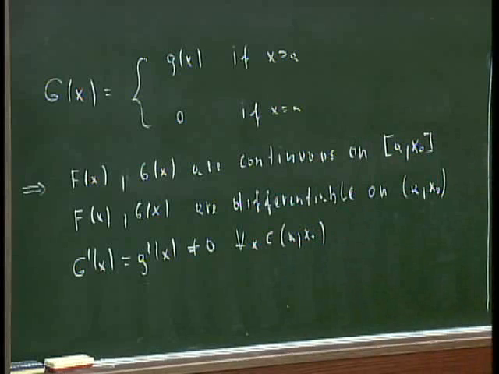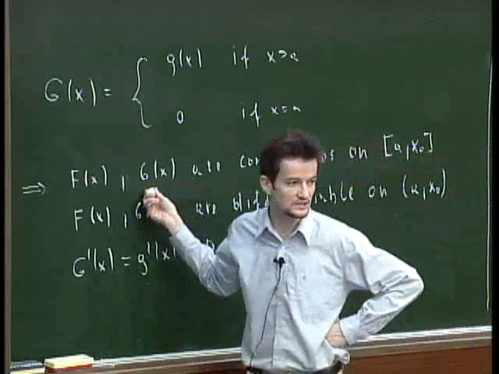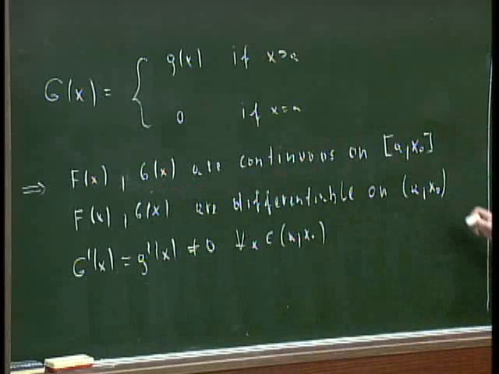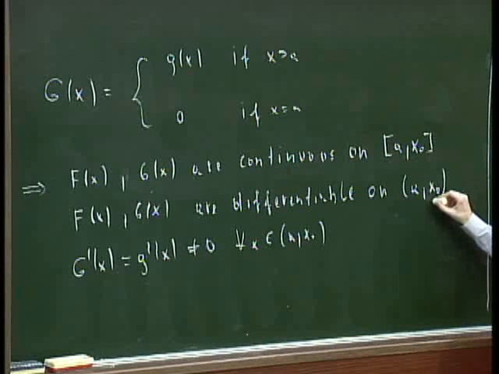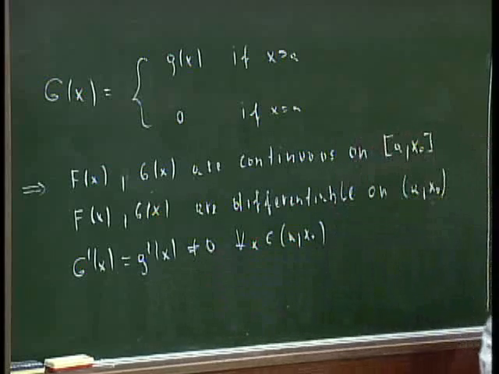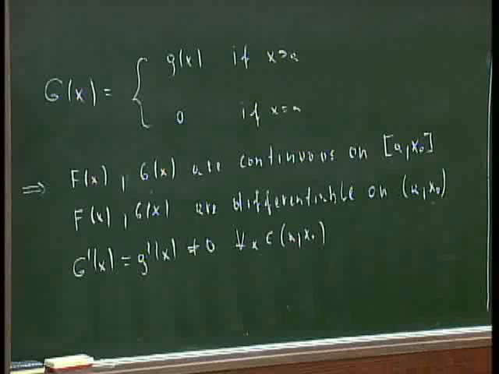And now if you think back, we have learned another version of the mean value theorem, which is due to Cauchy's mean value theorem, which applies under such a situation where you have two functions which are continuous on a closed interval, which are differentiable on the corresponding open interval, and one of the functions has the property that the derivative is not equal to 0 for all x in the closed interval.